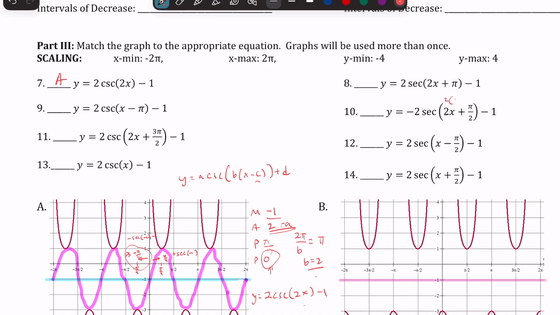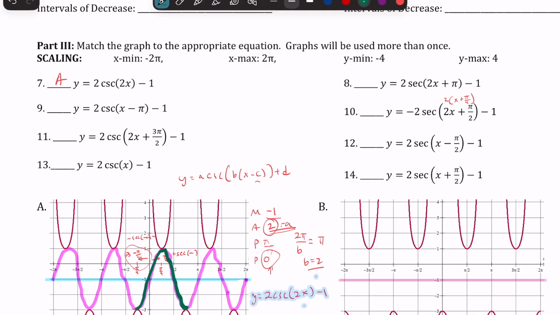So let's do this. That's 2 times x plus pi over 4. Oh, that's a shift left of pi over 4. We already know the amplitude is 2, and let's do this one. We're going to do green. Let's make it big. So we're probably looking at this piece.